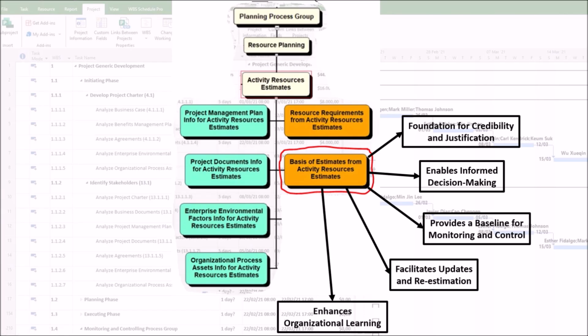Enhances organizational learning. The basis of estimates serves as a historical record. After the project is complete, it can be compared to actual resource usage. This analysis becomes invaluable historical data for future projects, making the organization's estimating capability more accurate over time.